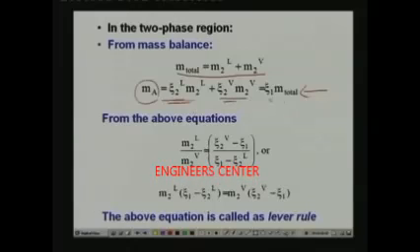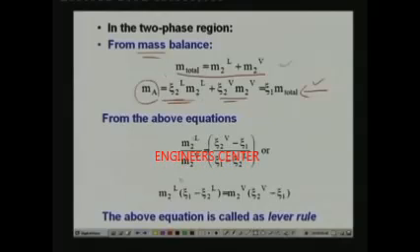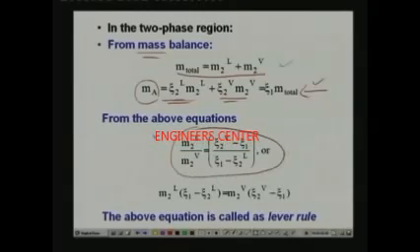So you can write these two equations from the mass balance, and from these two equations you can eliminate M1 and easily show that M2 liquid by M2 vapor is nothing but zeta 2V minus zeta 1 divided by zeta 1 minus zeta 2L.